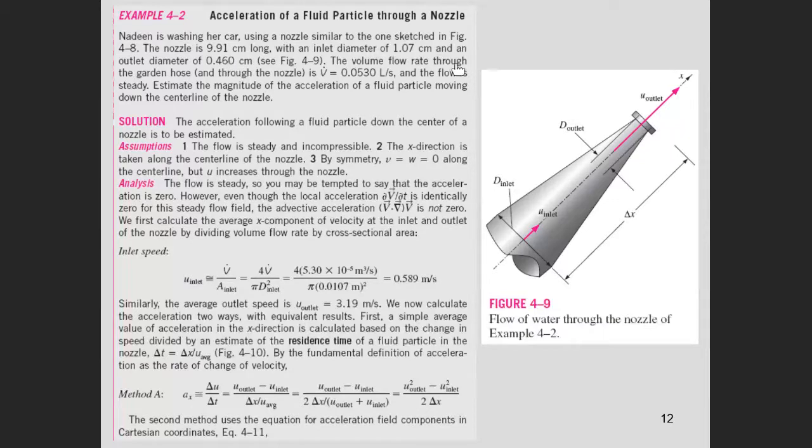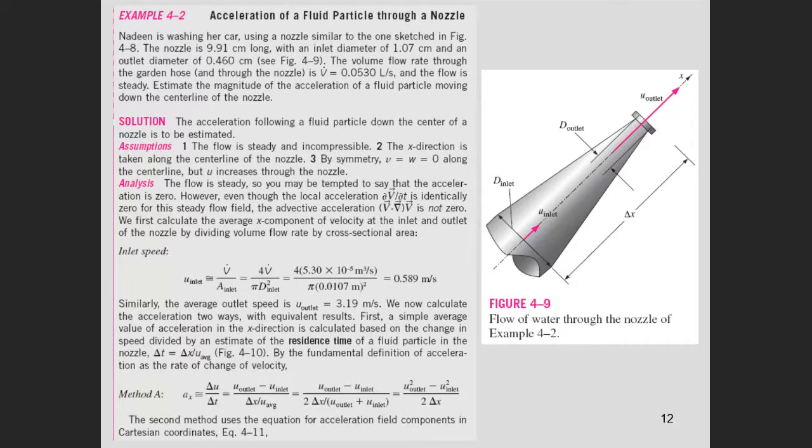The volume flow rate is given as 0.053 and the flow is steady. Estimate the magnitude of the acceleration of the fluid particle moving down the center of the nozzle. You want the acceleration. So we know the acceleration is the change of velocity with respect to time.